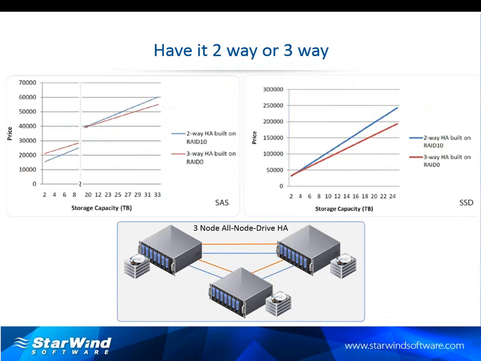So if you see the graph on the right, you see that storage capacity for 3-way HA built on RAID 0 is quite a bit cheaper than 2-way HA built on RAID 10. So at a certain level you get a better price per gigabyte.